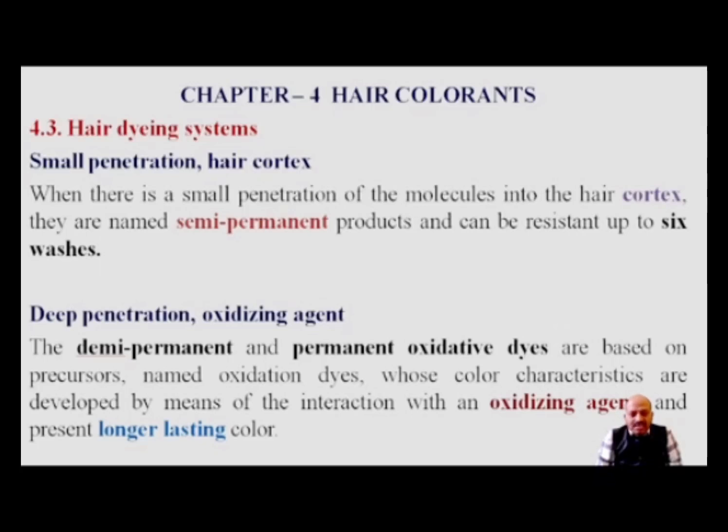So the deep penetration can be done by two methods, demi-permanent and permanent oxidative dyes, where the oxidizing agent is present, which colors the hair shafts and makes it stay for a longer time. That is about the deep penetration involving the oxidizing agent.